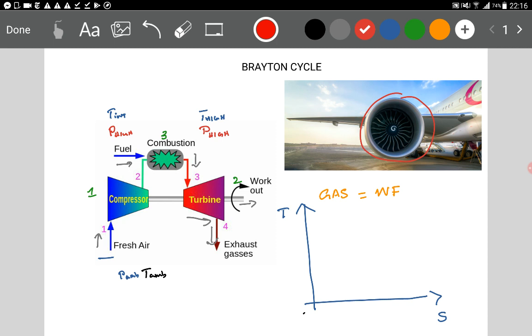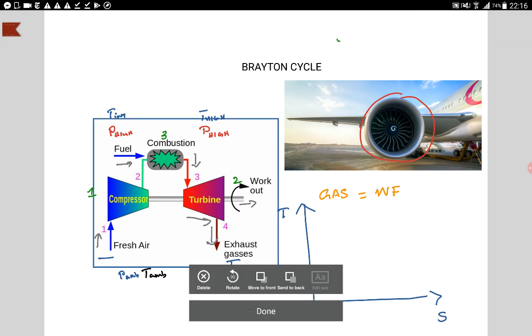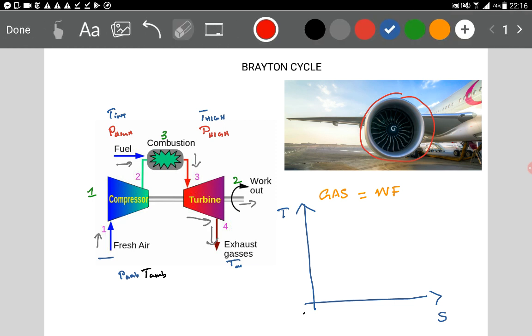Now, when you go to the exhaust, you see the temperature also decreases, but it's still higher than T ambient, so we're going to say that it's T ambient plus some delta T, which is the temperature of the exhaust.